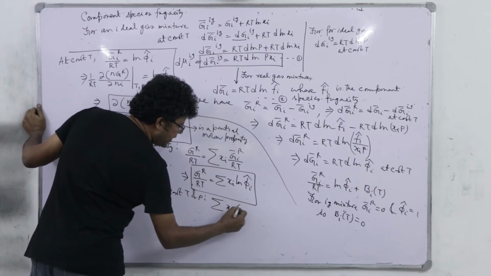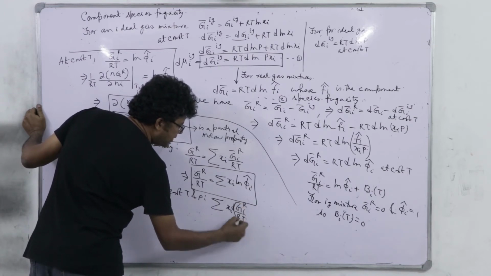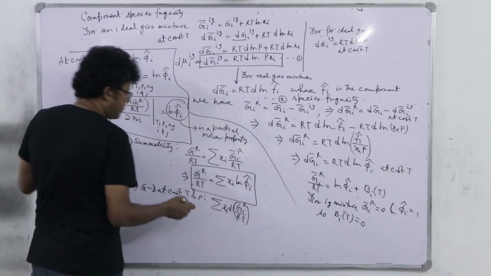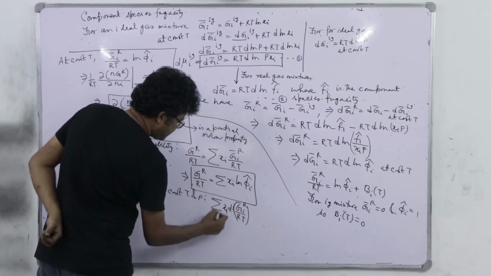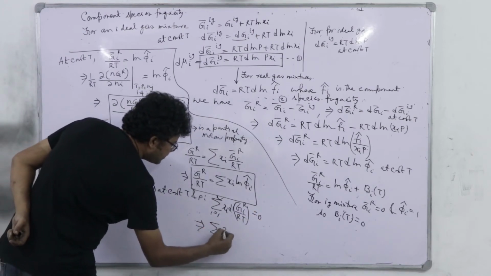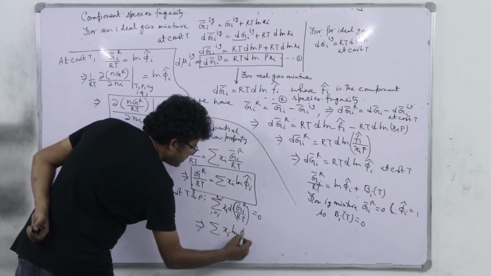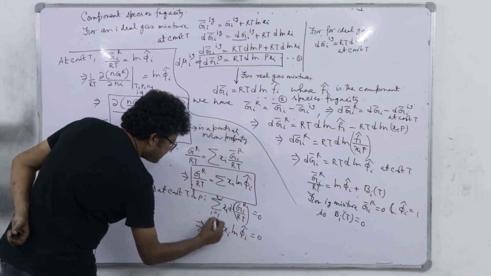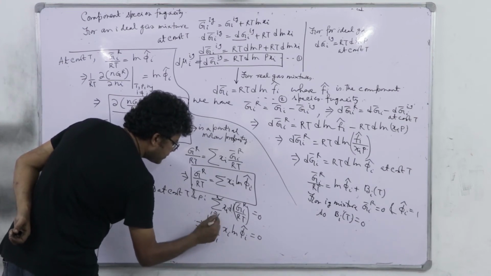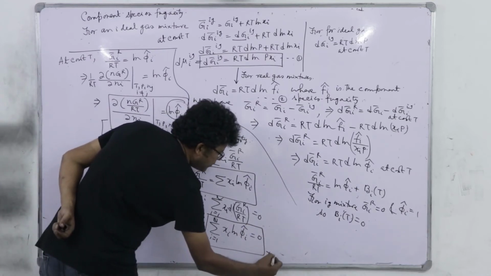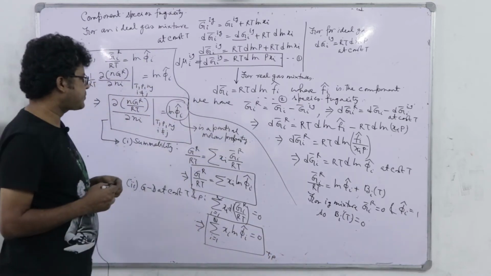We know xi into Gi R bar by RT, d of that, sorry, so essentially we have summation xi d ln phi i cap equal to 0, at constant temperature and pressure.